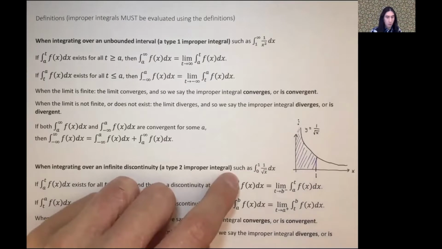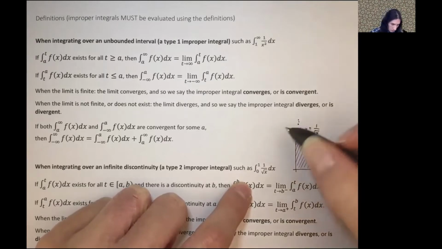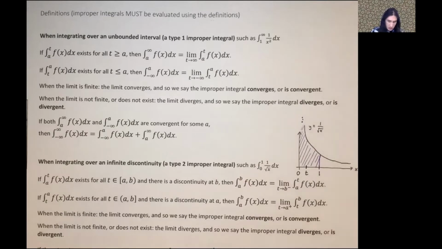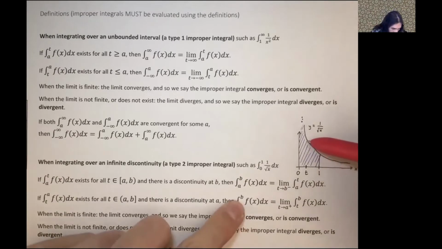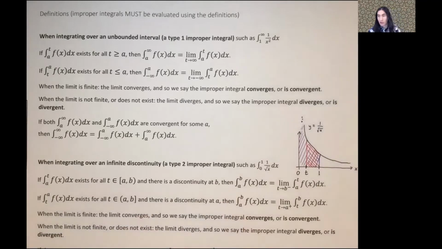And so we need to evaluate it according to our definition, which is to say we want to look at a t value here and then let t approach 0, so that we're actually just looking at the area here, which is a well-defined Riemann integral.